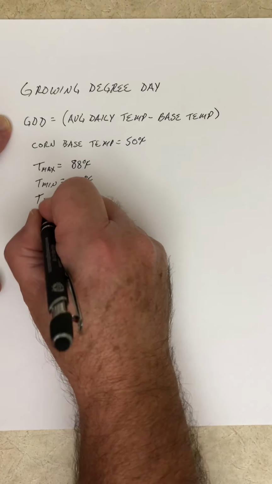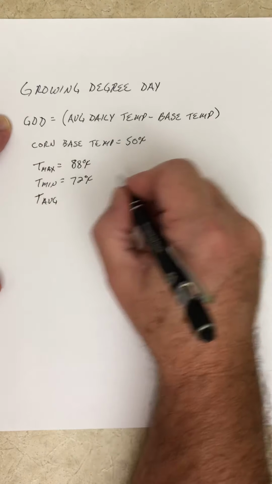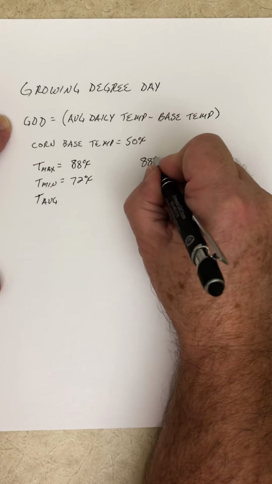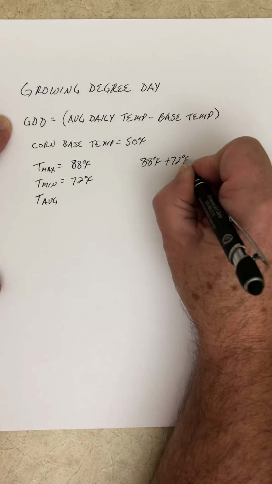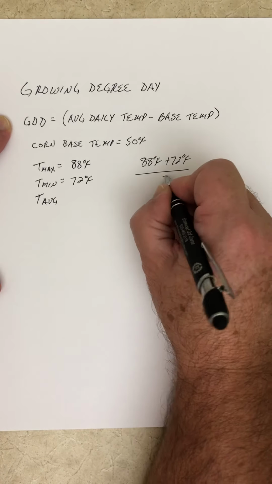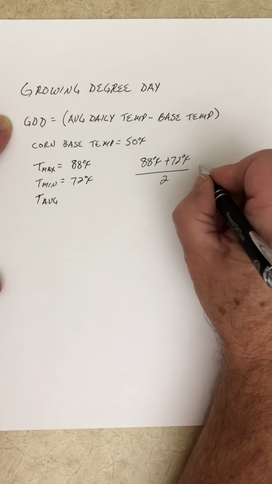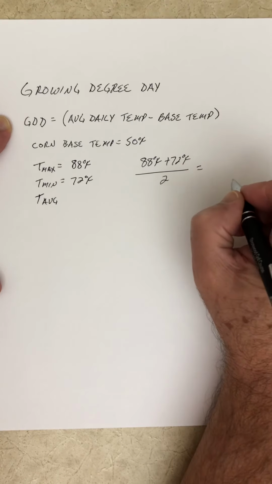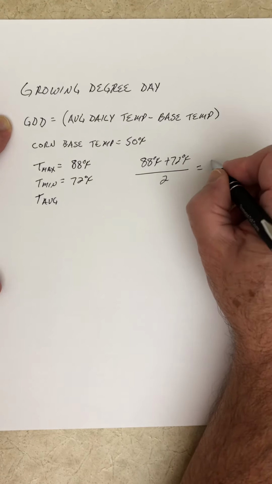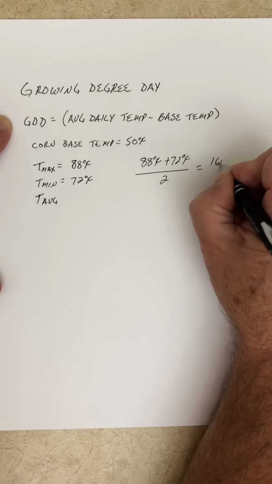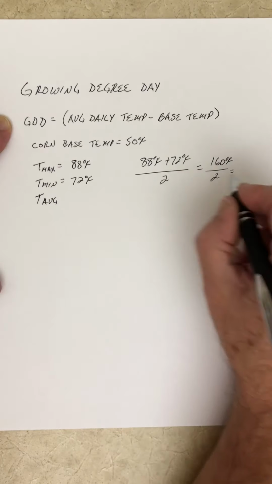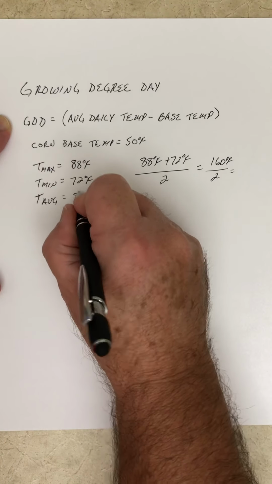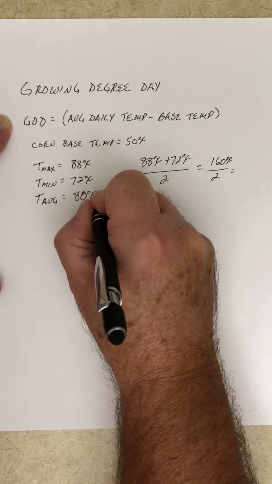We have to calculate the average temperature just like before. So 88 degrees Fahrenheit plus 72 degrees Fahrenheit divided by 2. I think I came out with 160 again, didn't I? Oh well. Okay, so we got 160 degrees Fahrenheit divided by 2. So the average daily temperature is going to be 80 degrees Fahrenheit.